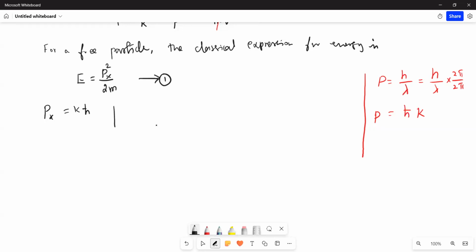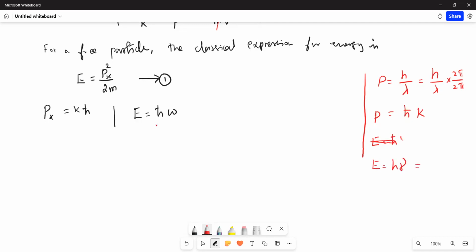Like that, please think about the energy, which can be replaced by h cross omega. How is energy related to h cross omega? Because E is equivalent to h nu.